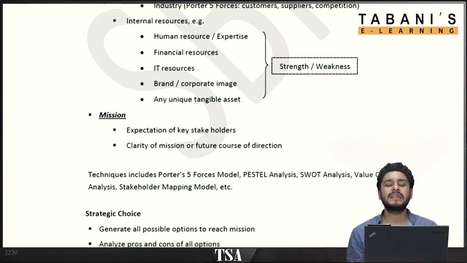By using techniques which include the Porter 5 forces model, PESTLE analysis, that is political, economical, social, technological, ecological and legal factors, SWOT analysis, that is strengths, weaknesses, opportunities and threats, and value chain analysis. We have primary activities and secondary activities that combine together and help us get the margin. I'll get into details of each. Then stakeholder mapping, obviously we'll identify Mendelow's matrix model, which you must have studied in your FBT examination, and I will go through it in this paper as well.